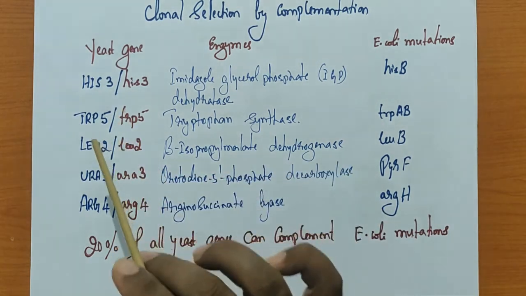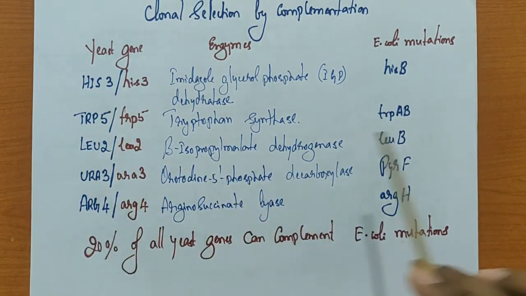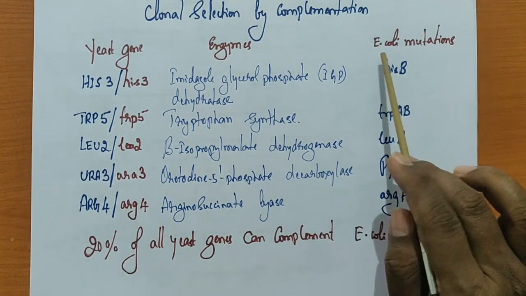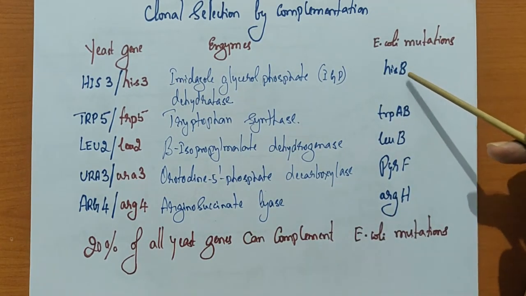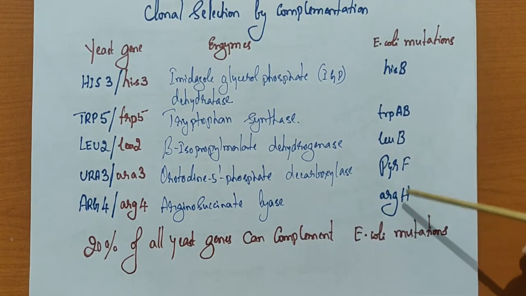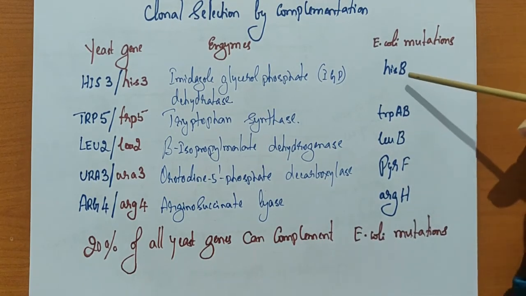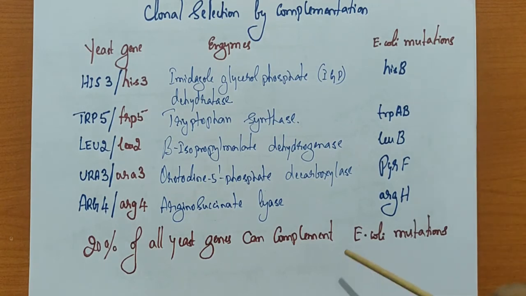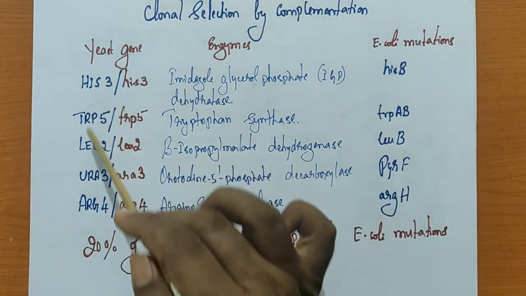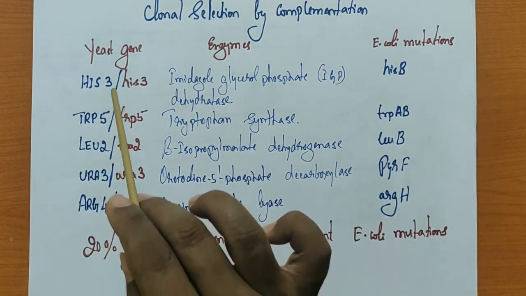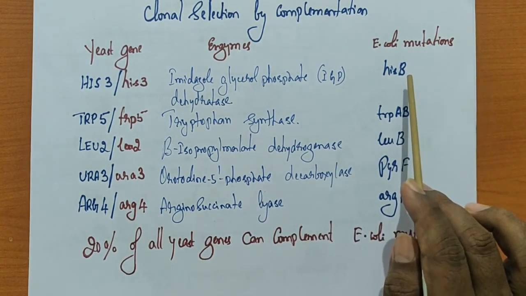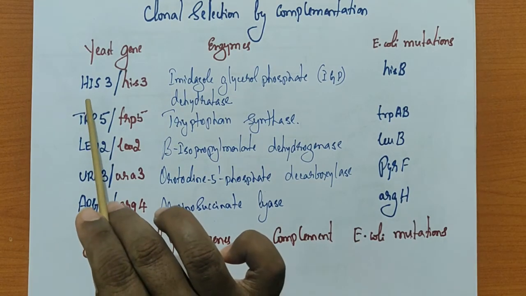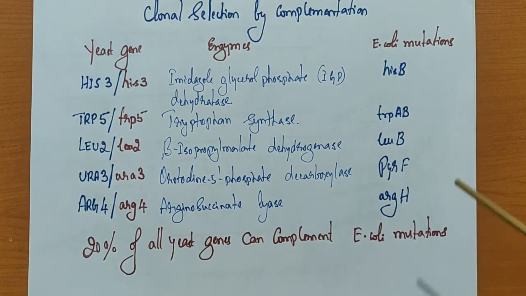I told you that 20% of the genes can be expressed in E. coli. Now this is an E. coli mutant, that means it is an auxotroph where the key genes of an amino acid pathway or a pyrimidine pathway are mutated. And simultaneously this is the yeast gene component. For example, if histidine B is mutated, this function can be restored by replacing it with the yeast gene. Alright. Now we will come to this particular table.